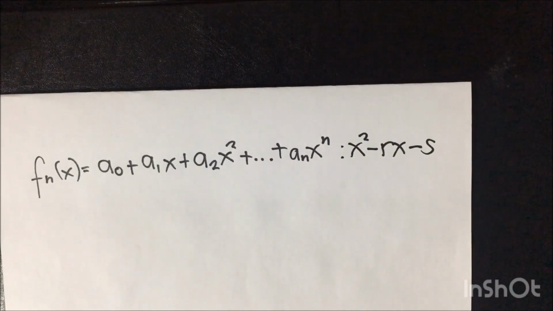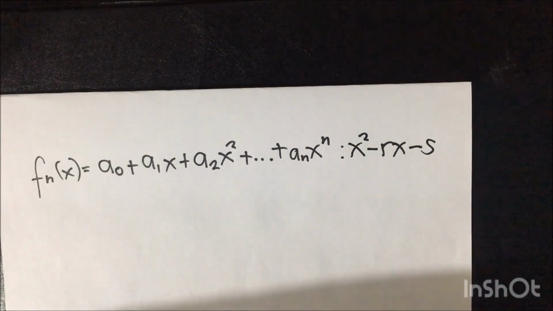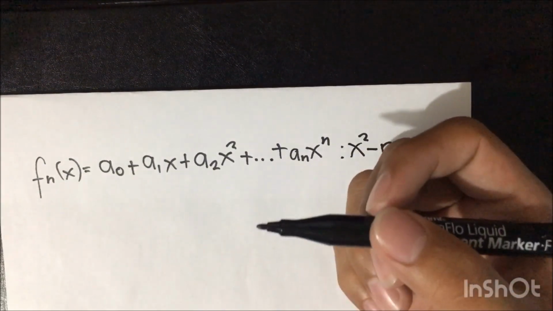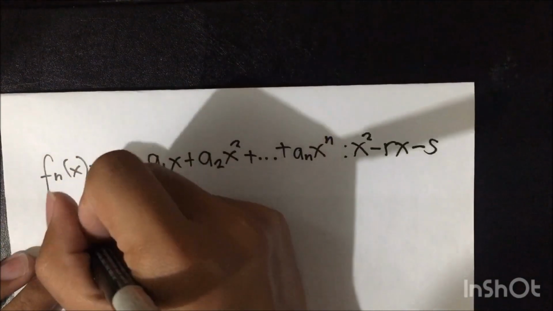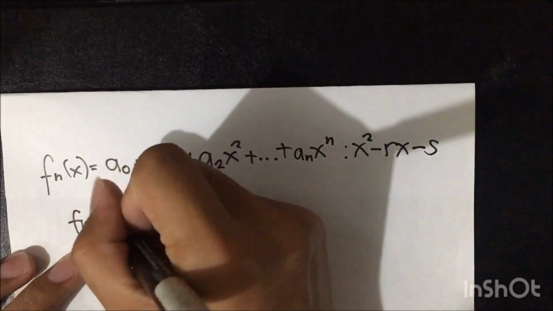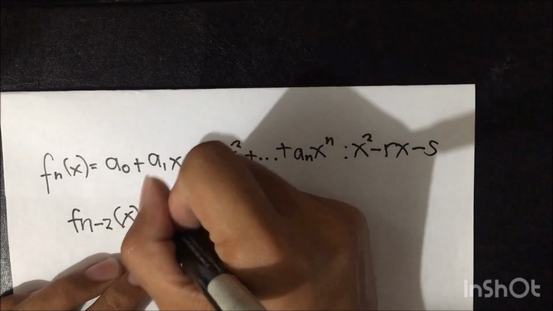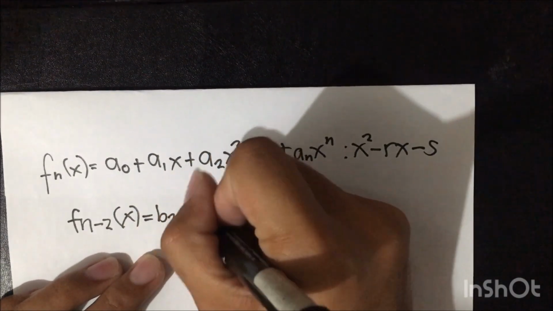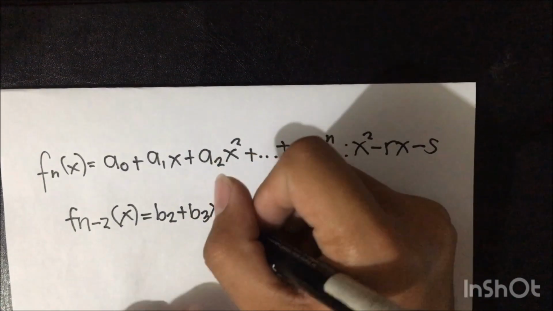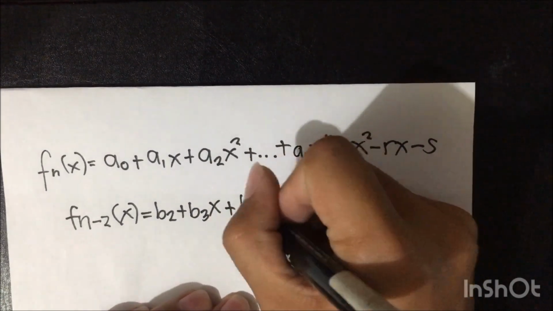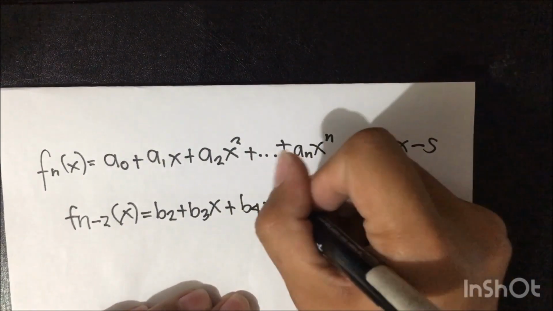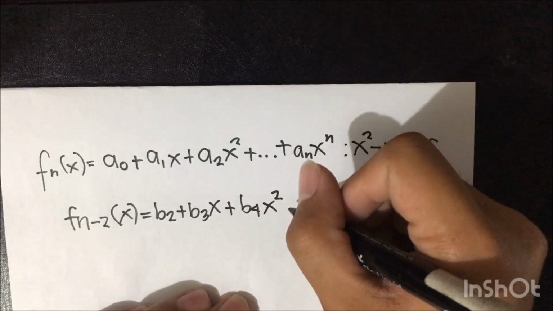Kapag dinivide natin ito sa quadratic function na x squared minus rx minus s, magkakaroon tayo ng quotient na polynomial na f sub n minus 2 of x is equal to b sub 2 plus b sub 3 of x plus b sub 4 of x squared, and so on.